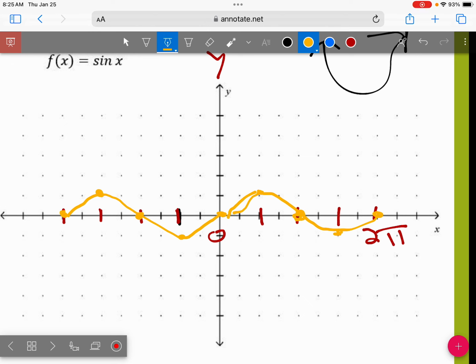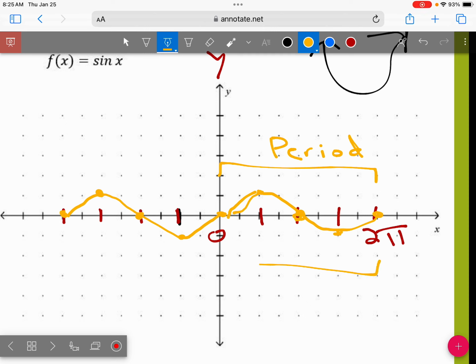And there we go. So a little bit of big picture talk before we move on. This right here, 0 to 2 pi, that's a period. And for the parent function, the period of sine and cosine is 2 pi. When we're graphing these functions, what we're really expecting you to graph is 2 periods.